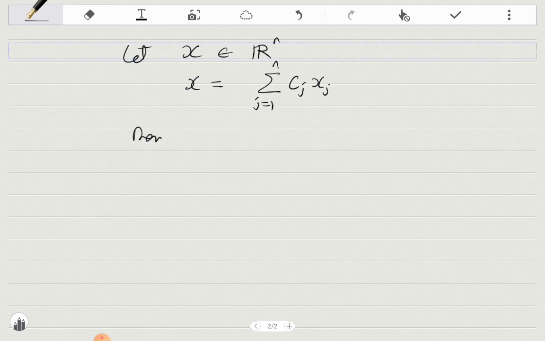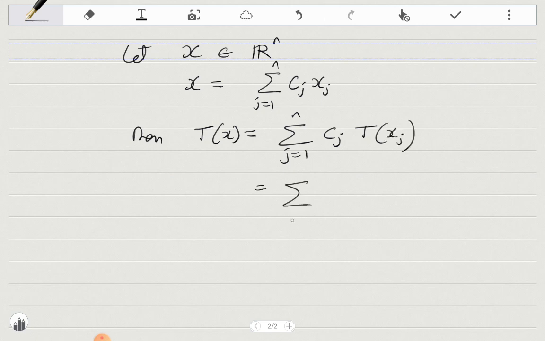And then Tx would be the summation j equals 1 to n of Cj, by linearity, Txj, and Txj itself is a sum over i equals 1 to m of aij yi.